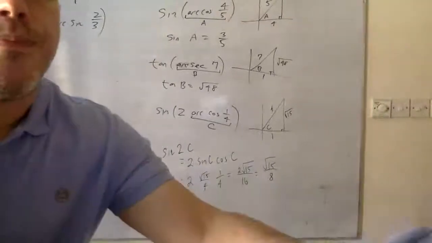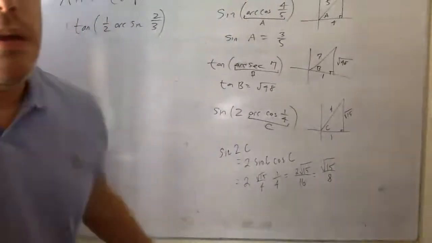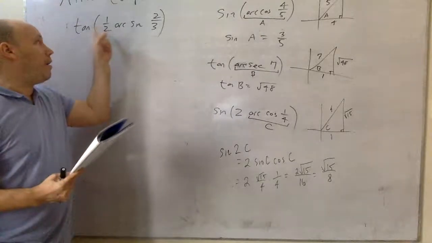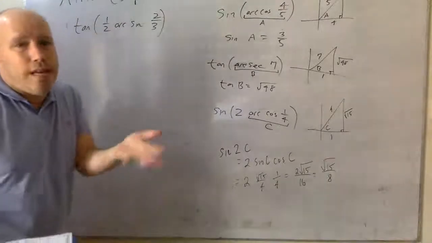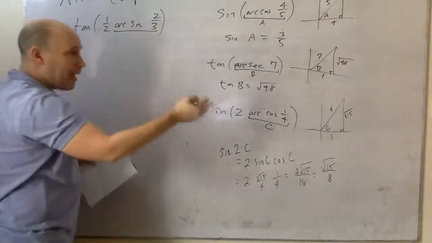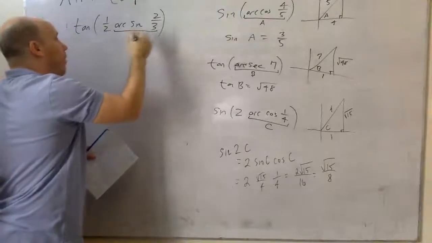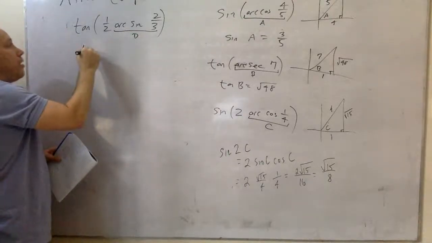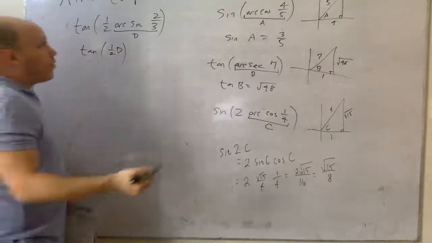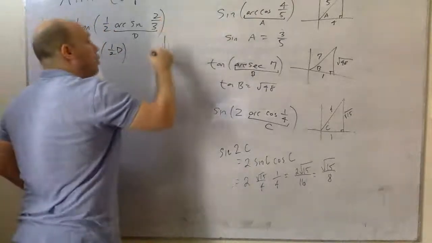Why don't you figure this out? Now, I'll say it again, because IB is not giving you the formula, they're not going to ask us, but we can do it. It never hurts to know. Once again, this is an angle. What should we call it? Angle D. And we have the tangent of 1/2 D. Well, first of all, let me get my triangle down.